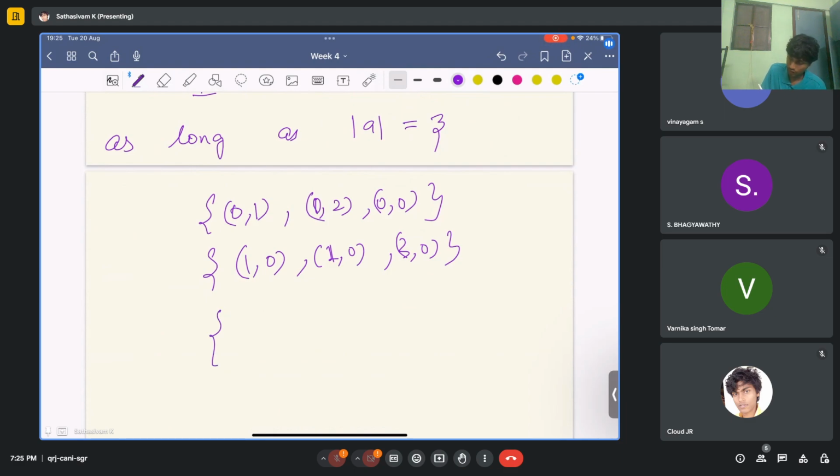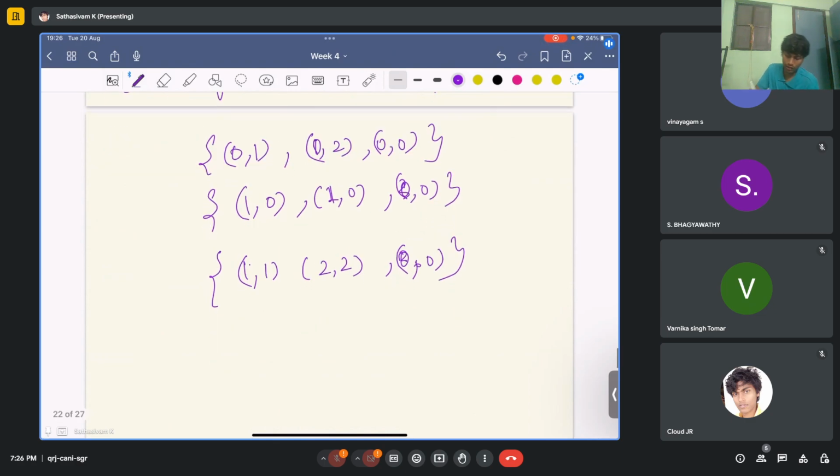And there may be another subgroup here. Well, there will be more subgroups. Yeah, that is correct. So 1 1, 2 2. So this is 0 again, 0 0.